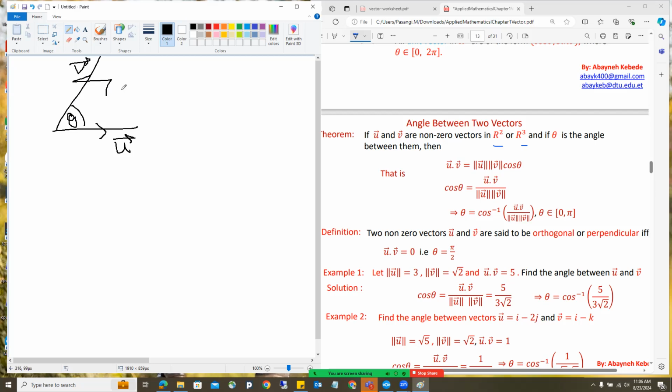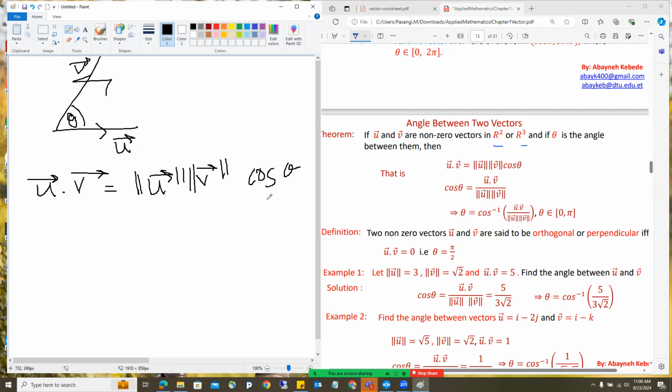So the angle is in between these two vectors. To find the value of this angle, how are we going to do that? We need to calculate the dot product of these two. The vector u dot vector v, we define it as modulus of u times modulus of v times cos theta.